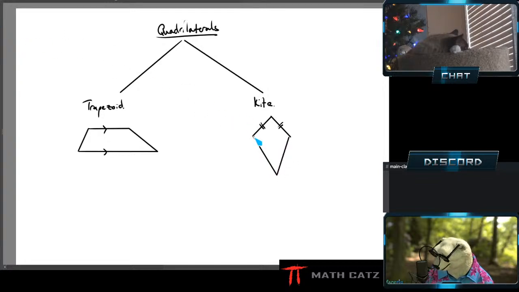My straight line tool doesn't always want to play with me perfectly. So I'll indicate that those two are the same length, right? So sort of a side effect of this, which I guess is what they really wanted to aim for, is that the opposite angles are the same.